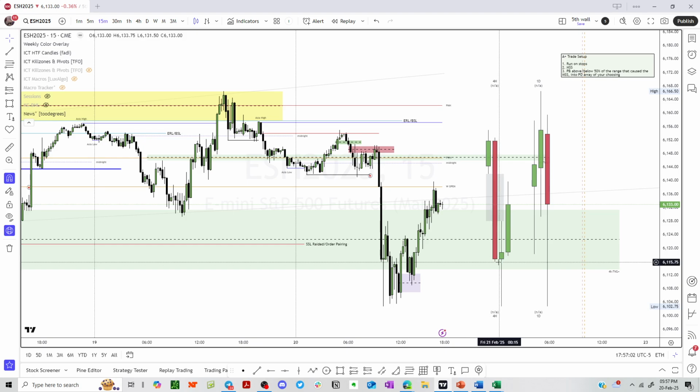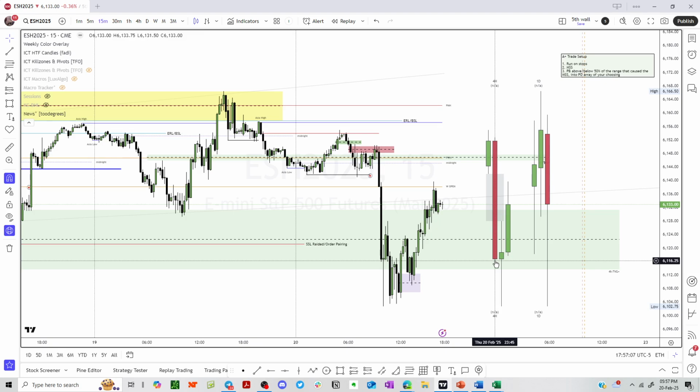So this is now support. It broke back above the previous 4-hour low, held down, retraced back into this candle, took back off into this imbalance. But let's see what this looks like.